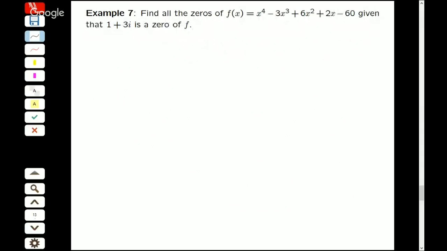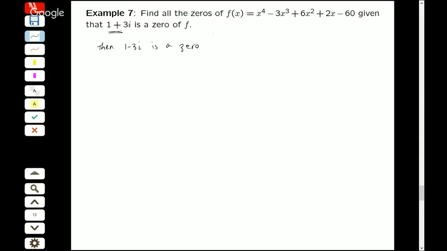Now we're getting to the meat of this section. This is find all the zeros, given that you know one of them is imaginary. So if I know 1 plus 3i is a 0, what is another 0? Yeah, 1 minus 3i is a 0.